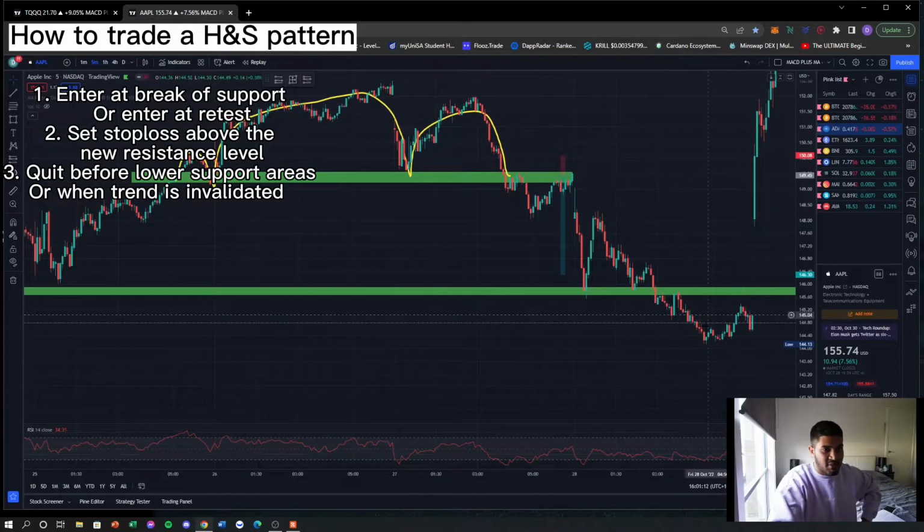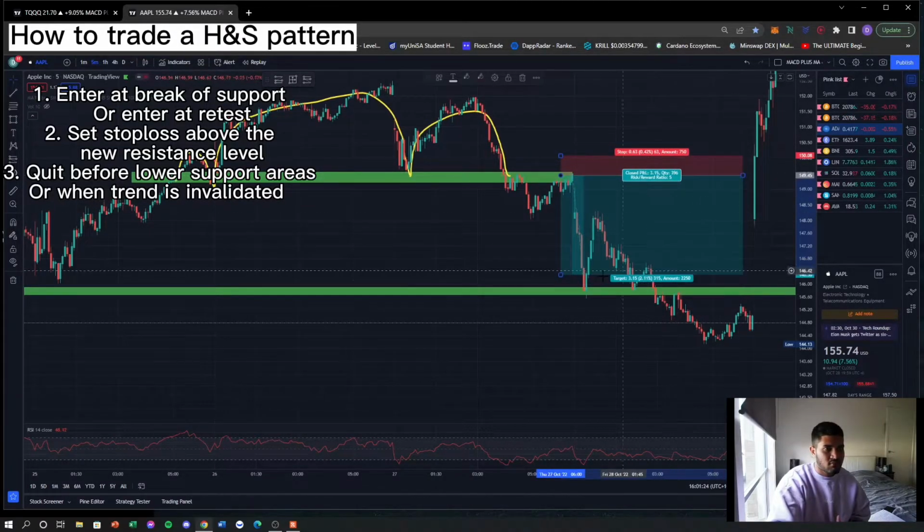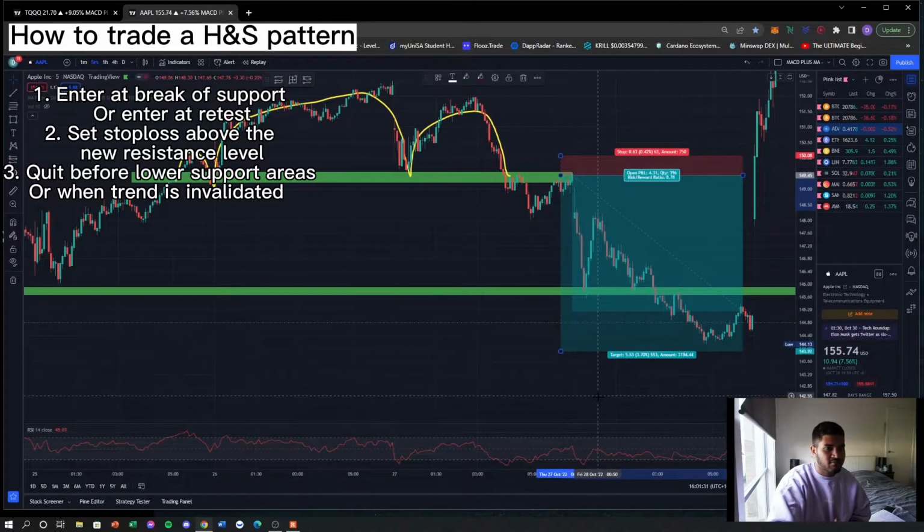So this area would be against my trend. Ideally this is where I would quit. So let me just draw that. That's where I would decide to quit it.